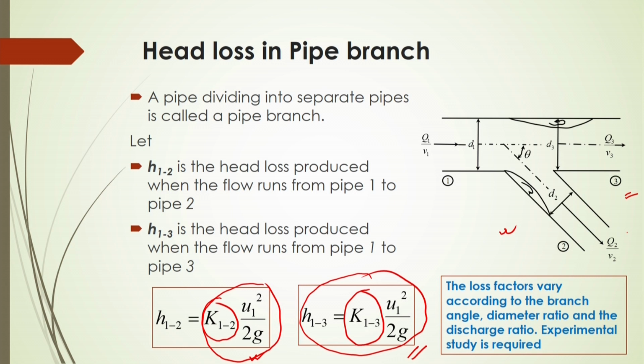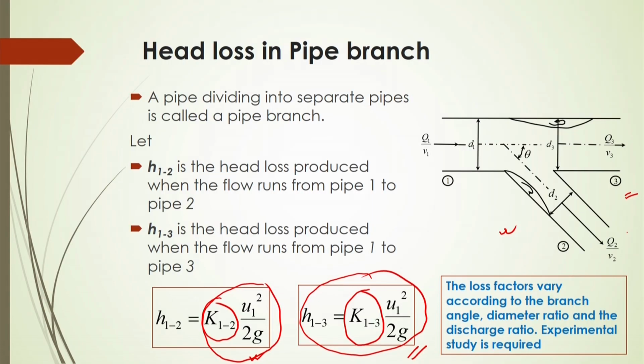So for 1-2 and 1-3, the respective minor loss coefficient should be considered, because the pipe branch may have a certain angle from its main pipe, because of which there will be a change of direction of the fluid and hence this minor loss.